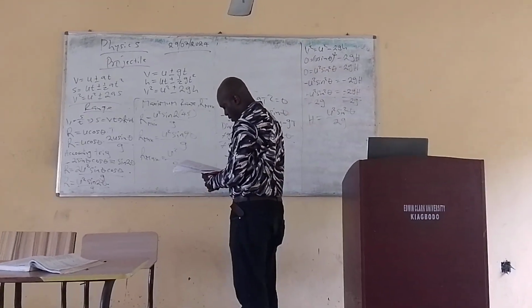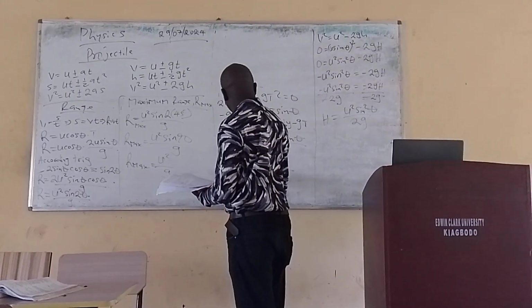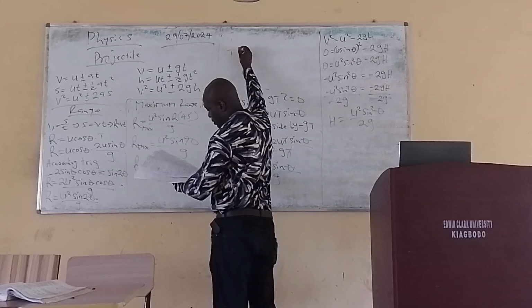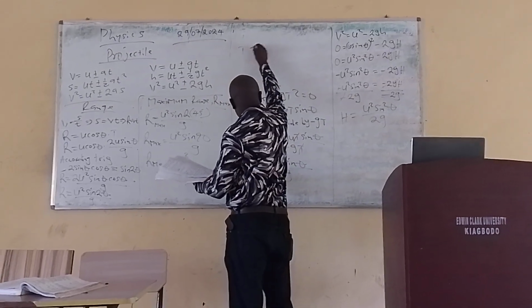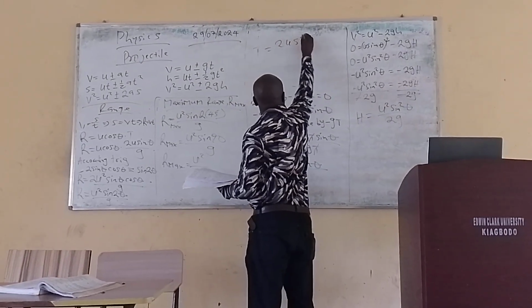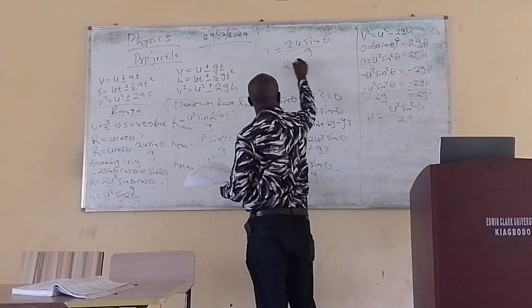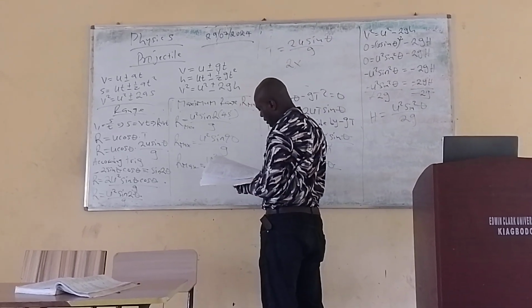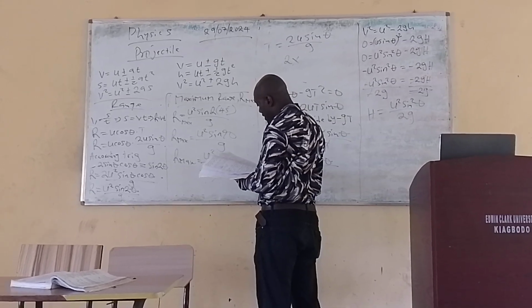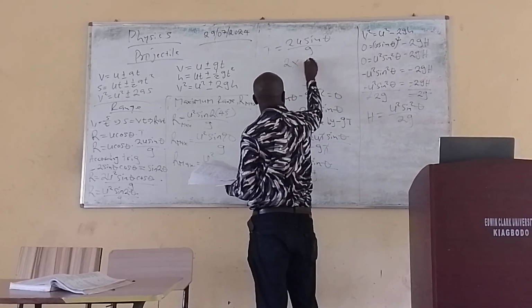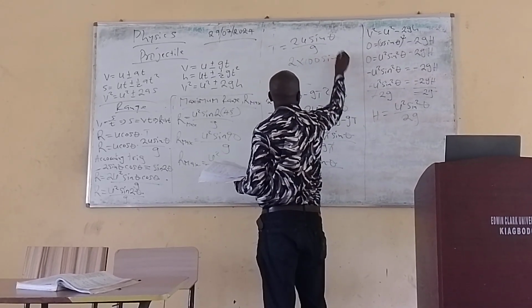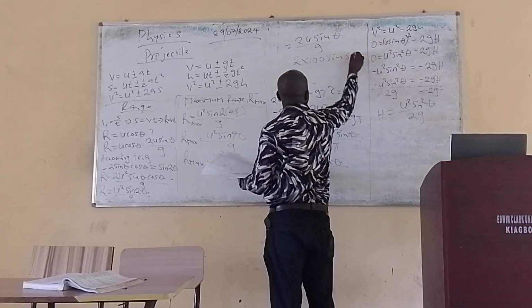Now, we have time of flight, which is this formula. They say calculate the time of flight as the first question: 2u sine theta all over g. So what you have to do is 2 times what? u. What's the initial velocity they say? They say a projectile is fired with initial velocity of 100 meters per second. You put 100, sine theta, angle of 30 degrees, all over gravity.